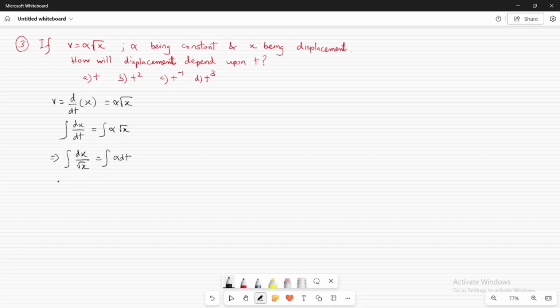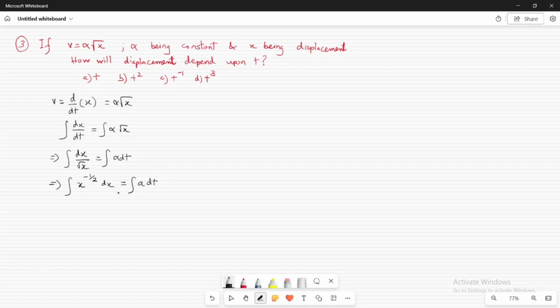That basically means integration of x to the power minus 1 by 2 dx equals integration of alpha dt.